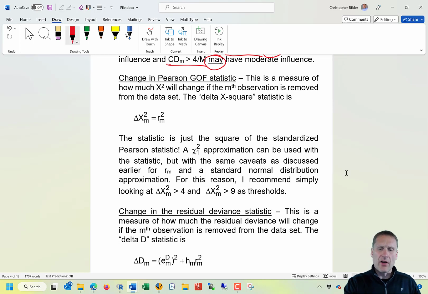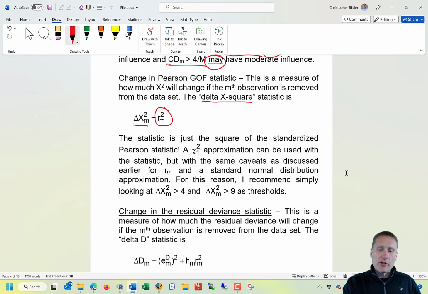The statistic is often referred to as delta X squared, where delta means change. So essentially, how does the X squared statistic change if the observation is removed? In the end, it ends up being simply what we've seen before: the standardized Pearson residual, now just squared. That's it. So it's obviously quite easy to work with here.